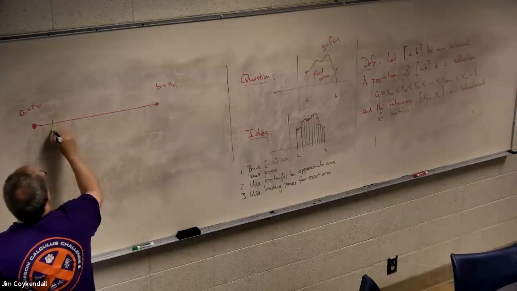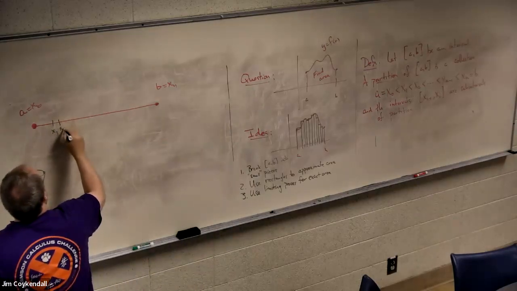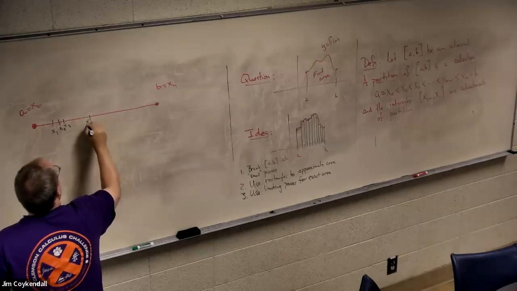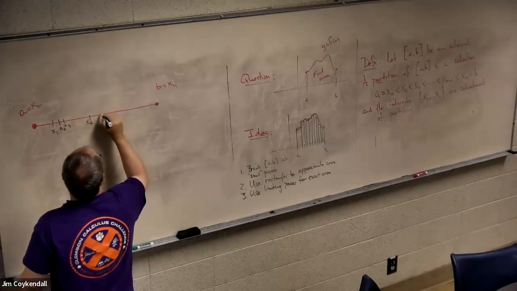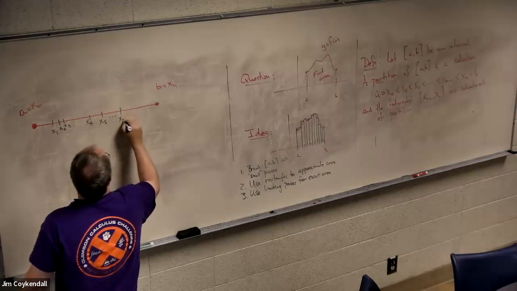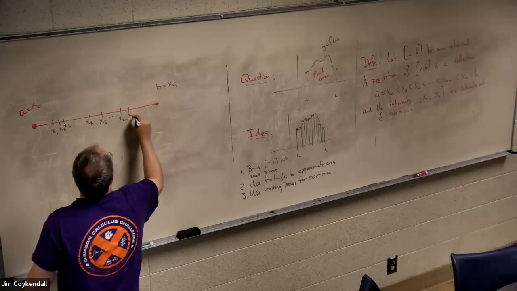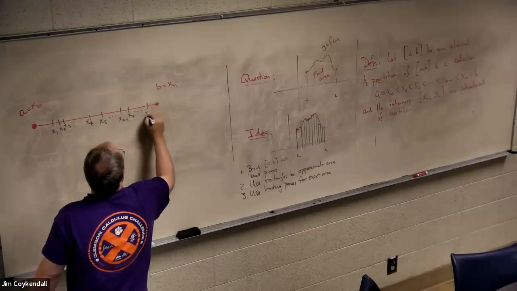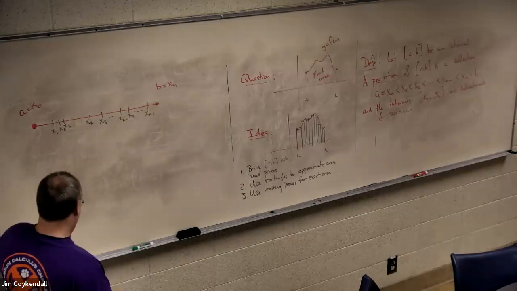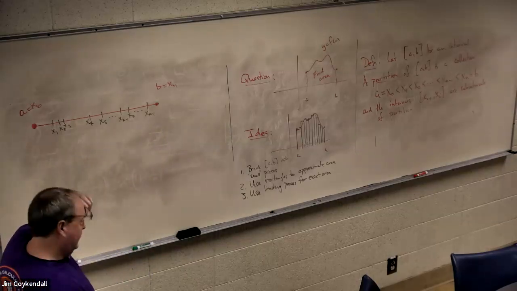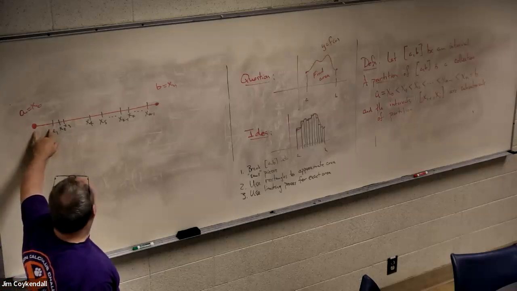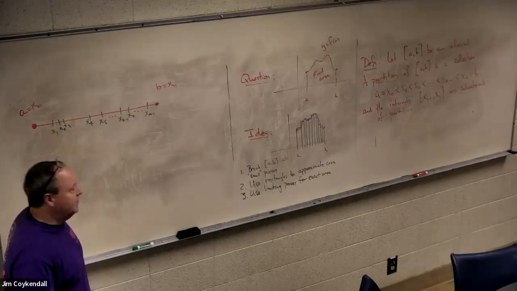So here's x1, x2, x3, x4, x5, ... x_{k-1}, x_k, ... x_{n-1}. Notice the subintervals are not all the same length, right?